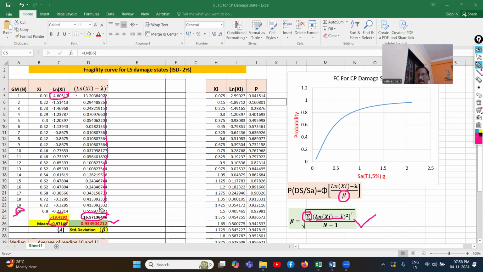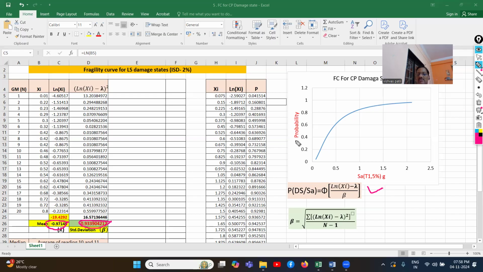So the summation divided by 19, and the square root of this, gives the beta value as 0.93. So this is the beta value. Thus, the two important parameters for this fragility curve are the lambda value and the beta value. In this important equation, we have obtained the values of lambda and beta.